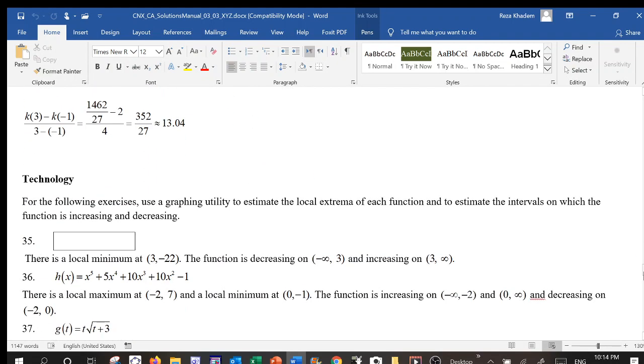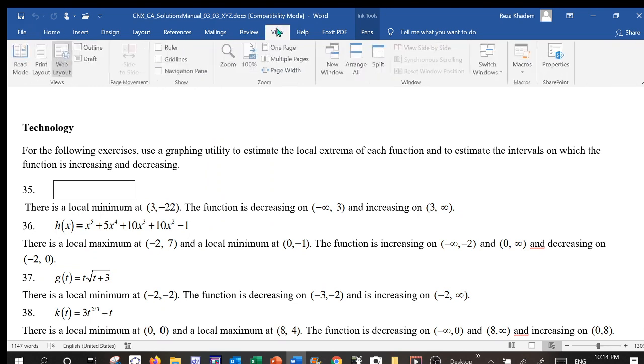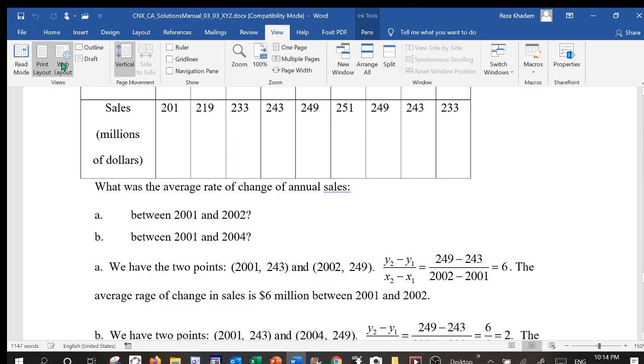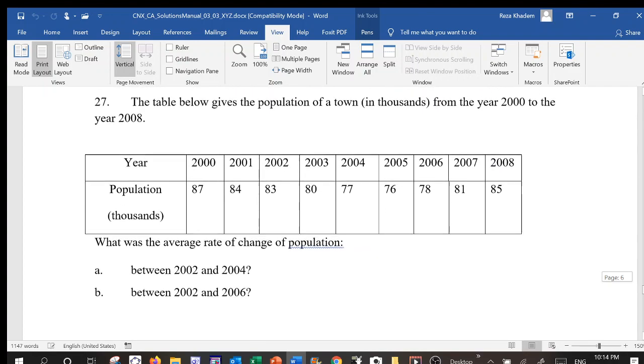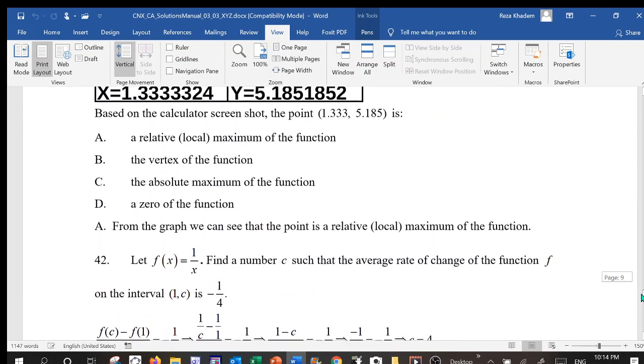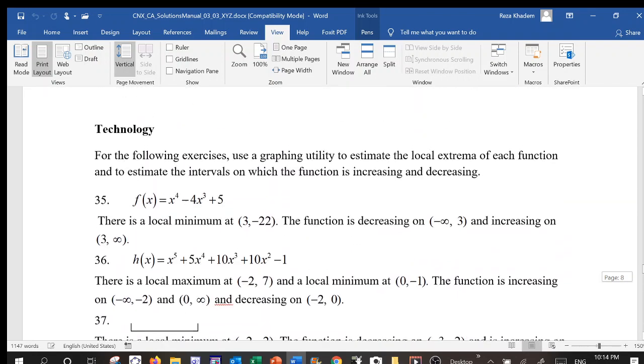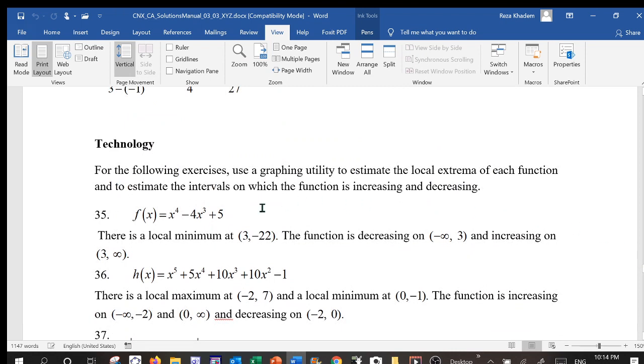So let's do 35, but our view is off a little bit. Let me go to 35. Here we go.